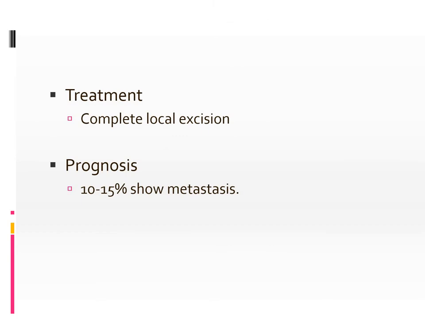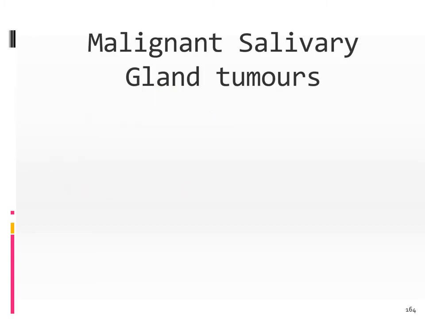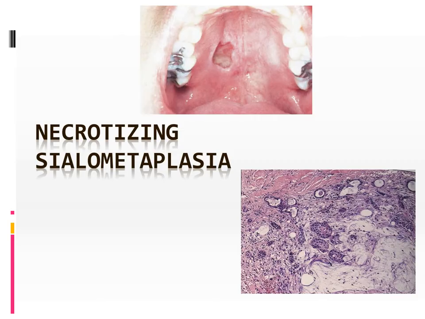Treatment is complete local excision followed by some amount of chemoradiotherapy if metastasis is noted. So these are the three most important malignant salivary gland tumors. One entity which finds its way to the differential diagnosis of not only these three malignant salivary gland tumors, but also squamous cell carcinoma is necrotizing sialometaplasia.